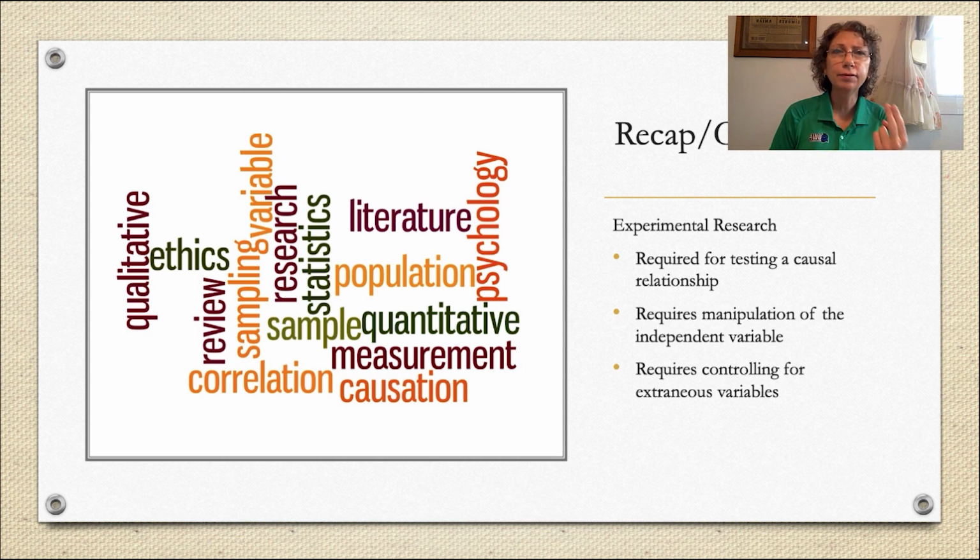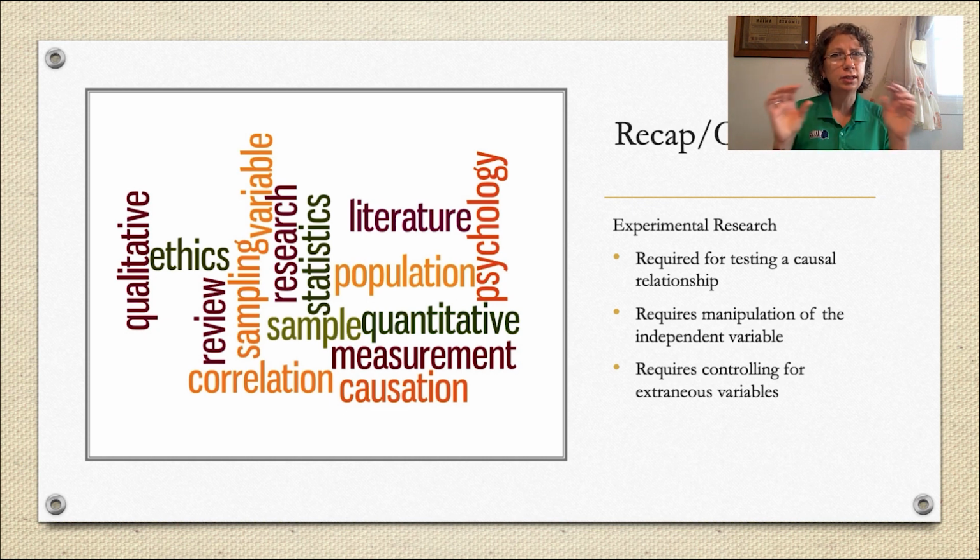The other, they have to control for extraneous variables. Whatever potential alternative explanations, they have to control for. And that can look different ways, right? We saw that in between subjects experiments, we want to look at random assignment to even out those potential individual differences.